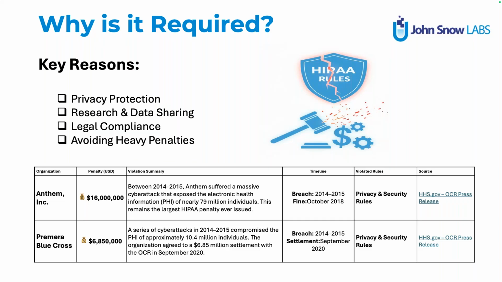Premera Blue Cross also suffered breaches in 2014 and 2015, compromising PHI of about 10.4 million people, resulting in a $6.85 million settlement finalized in September 2020. These cases clearly show the financial and reputational risk organizations face when patient data security is compromised. It's a strong reminder that protecting patient information is not optional, it is critical.